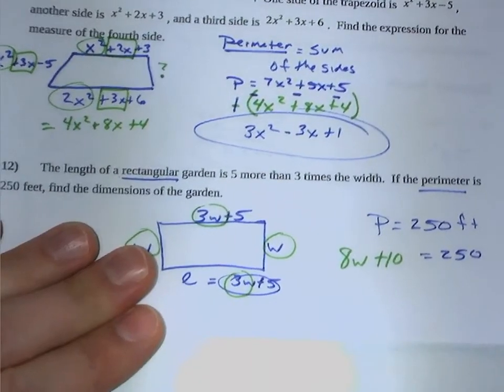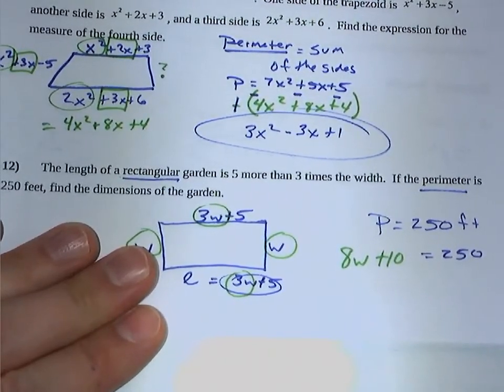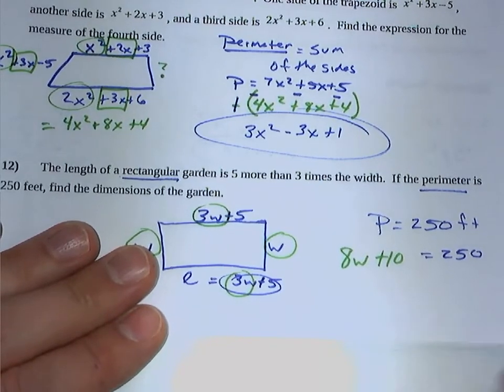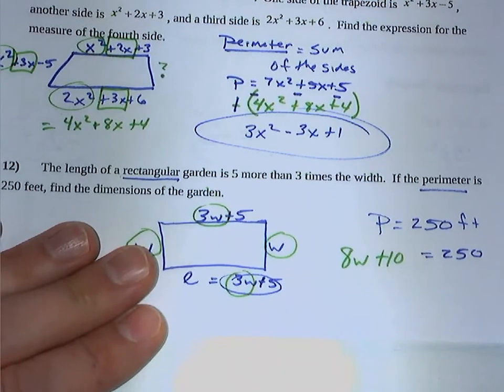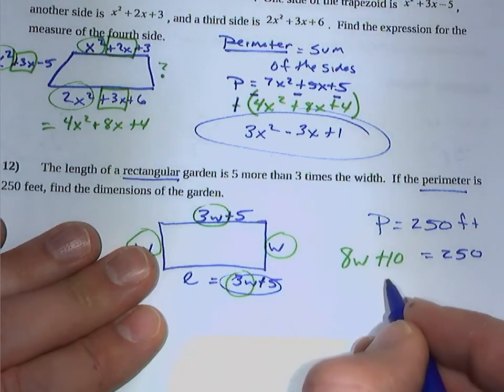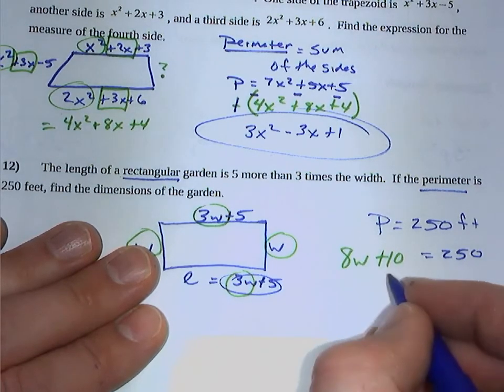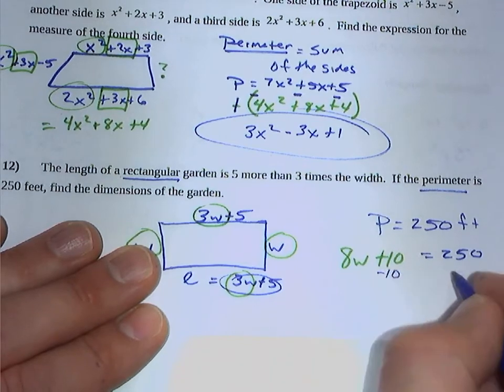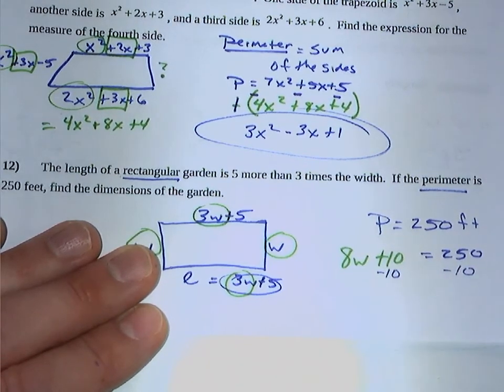All right, solve this thing. A little algebra now. How do we solve for w? What do we got to do with this 10? Colton? There you go. Move it on over.